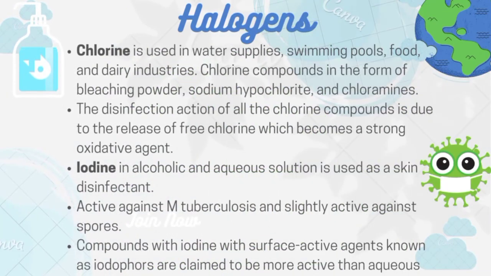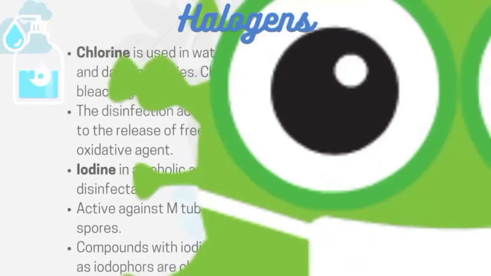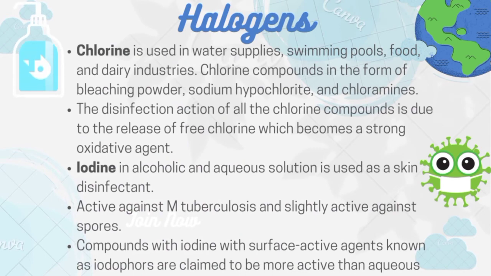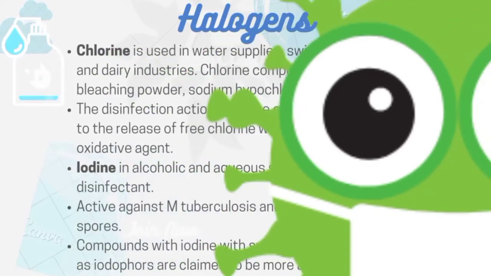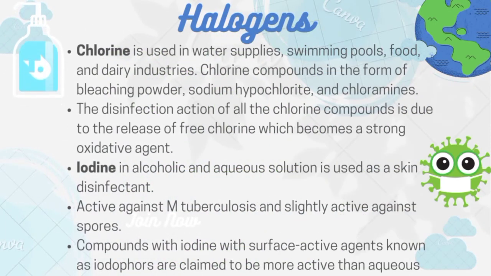The second example of halogens is iodine, in alcoholic and aqueous solution, used as a skin disinfectant and active against tuberculosis and slightly active against spores. Compounds of iodine with surface active agents, known as iodophors, are claimed to be more active than aqueous or alcohol solutions.